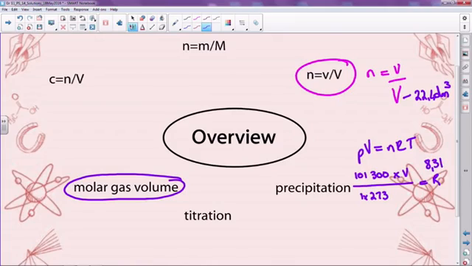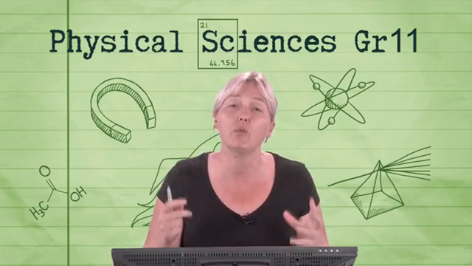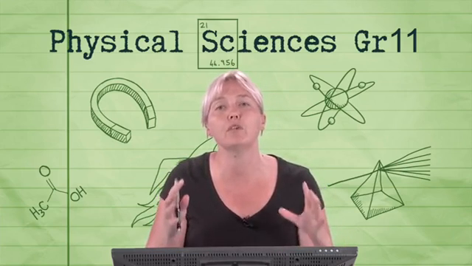Now scientists then did a little bit of thinking, and they then put gases in actual practice. They put gases at 0 degrees Celsius. They made sure there was 1 mole of gas, and they then discovered that if there's 1 mole of gas at 0 degrees Celsius and a pressure of 101,300 pascals, the gas is going to expand so that it takes up a volume of 22.4 cubic decimeters.